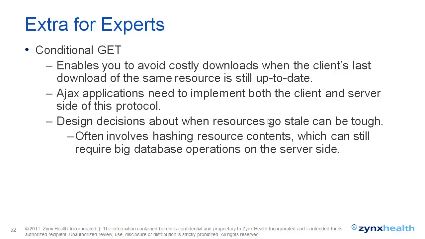You can't, in other words, just give a particular time for expiration. If something happens that changes the data that drive the representation, then you've got to tell the client that they need a new one, even if it only happened a second ago and they just got it 3 seconds ago. So sometimes maintaining dirty information, maintaining server-side caches that tell you what's up to date, or hashing information in the database or in other resources on the server side might be useful ways of implementing conditional get.